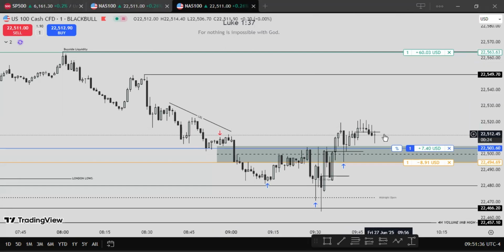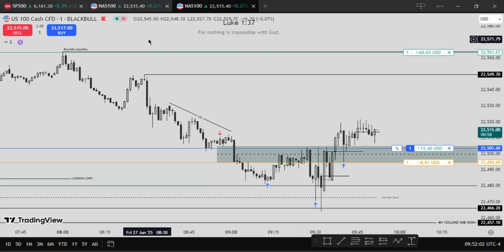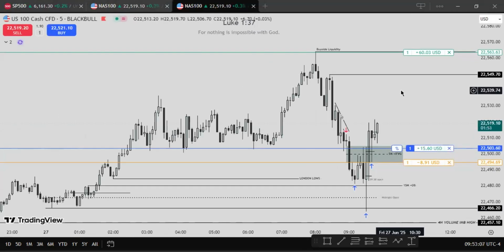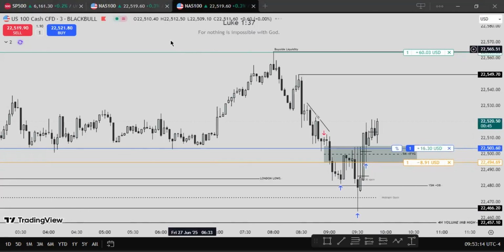Currently the 950 macro. Let's see if we get some speed pushing higher, pushing us up to these highs here. We also have this 3 minute order block here.